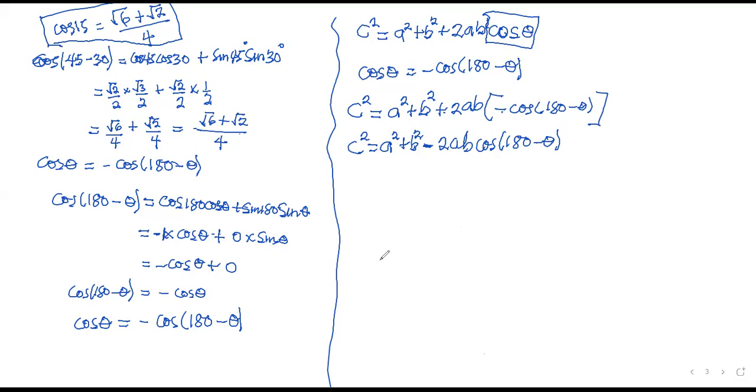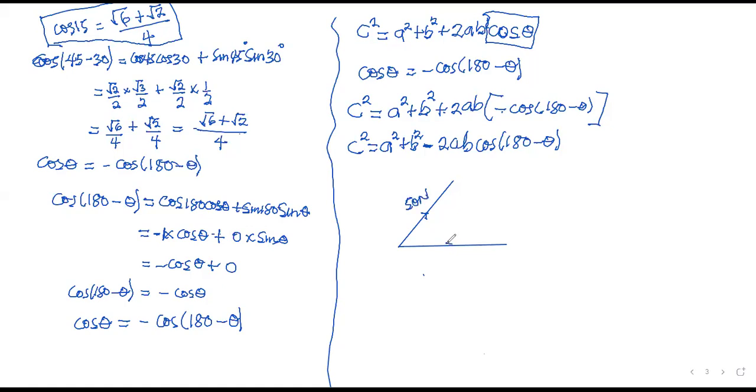Let me give you a question. Then we apply the concept in solving this problem. Then you understand what I'm saying very well. So two forces of magnitude: we have F1, which is 50 Newton.